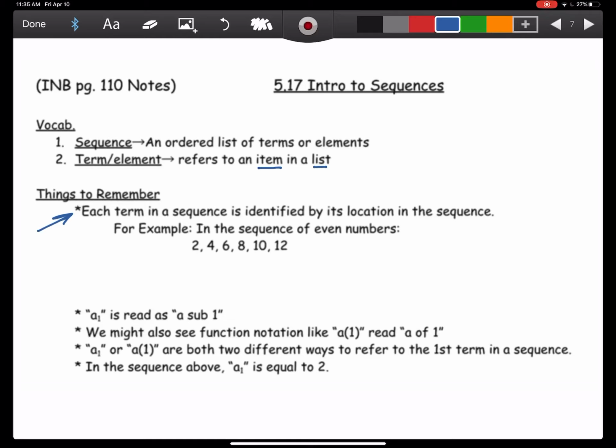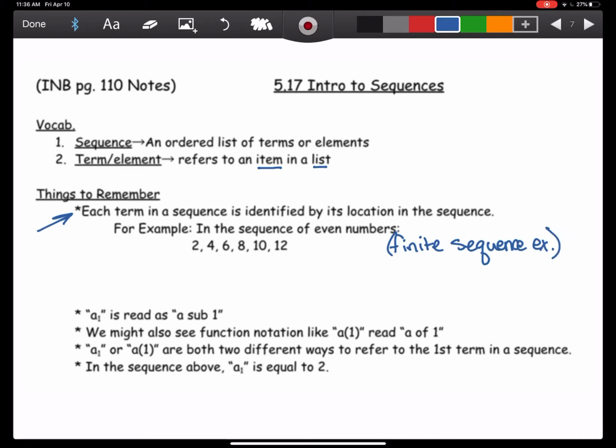For example, in the sequence of even numbers, and this is a finite example because it does not have an ellipsis at the end. Finite sequence example.